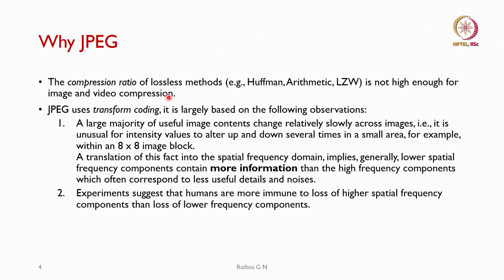Although we use these, the size of the image we have to store is still very high. So what happens in JPEG? It uses transform coding, largely based on the following observations. So, why do we need the transform?